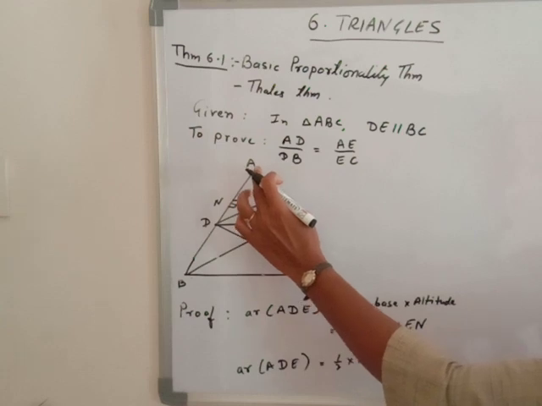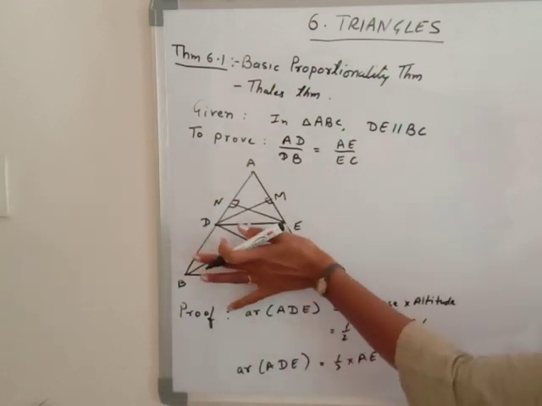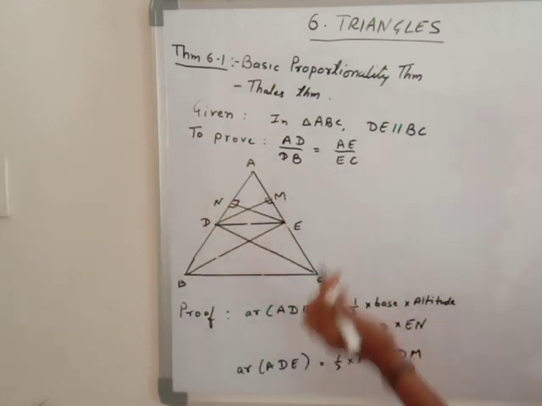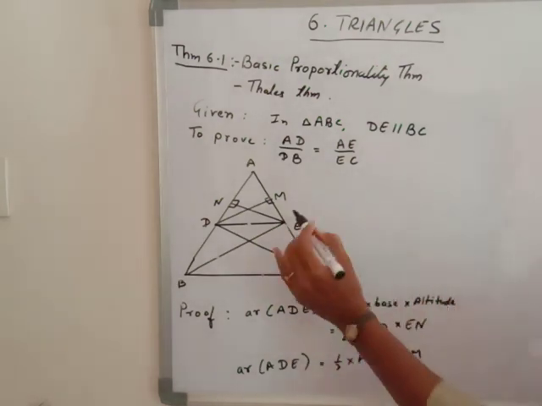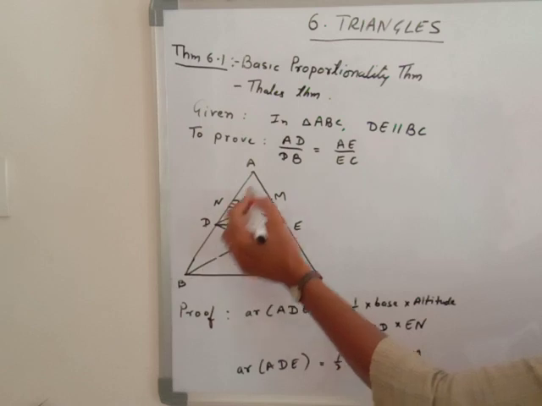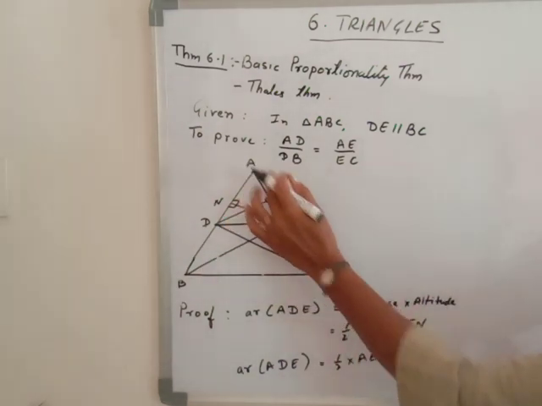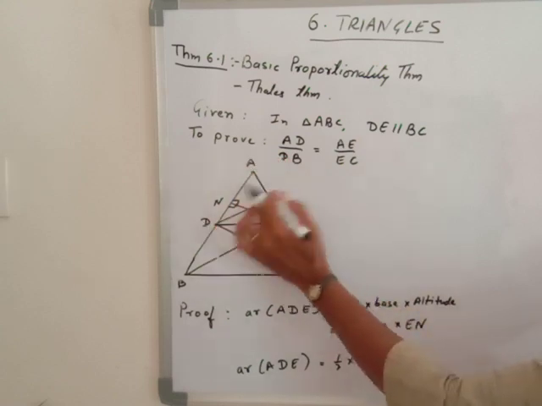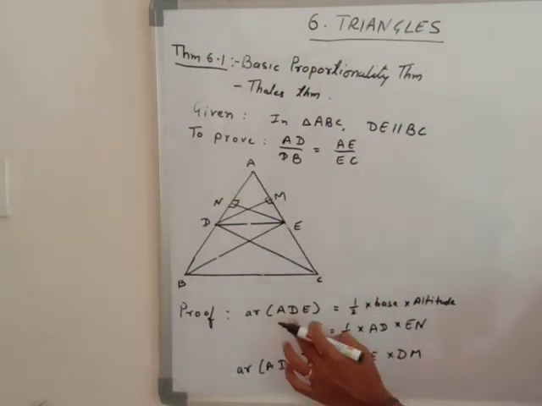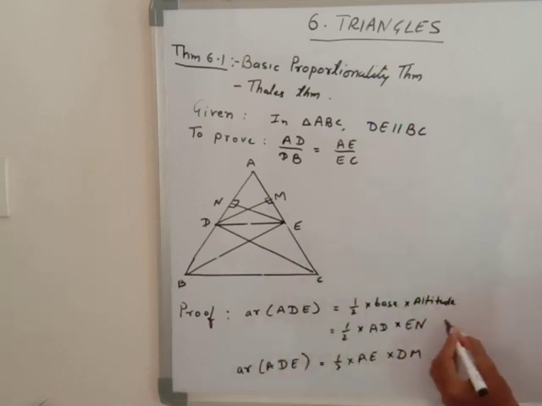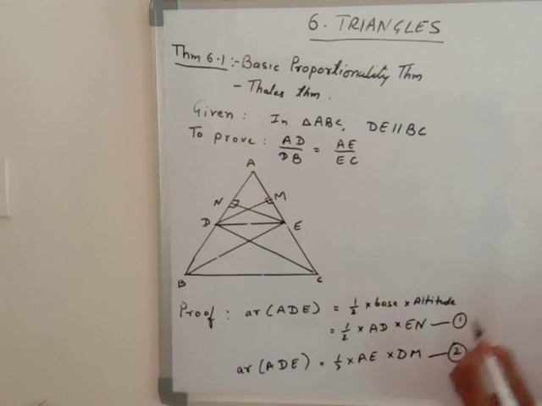We are talking about only ADE. If I take AD as a base, then EN is the altitude. If I take AE as a base, then DM is the altitude. So I am getting two formulas for finding the area of ADE. Let us give it as 1 and this as 2. I think this much is clear to everybody.